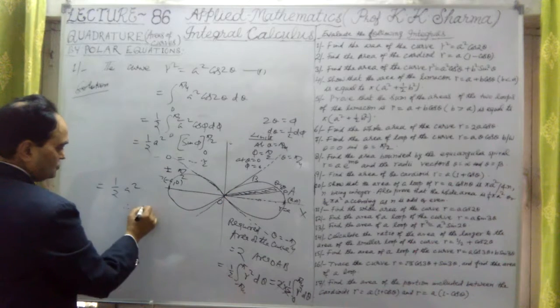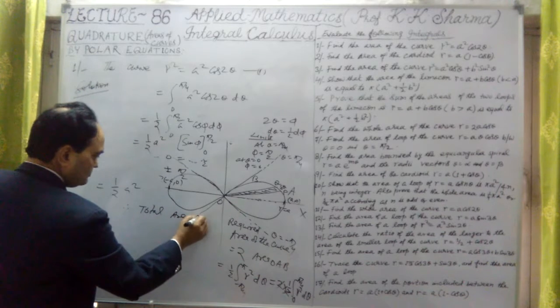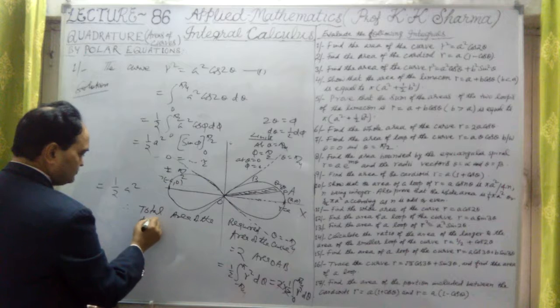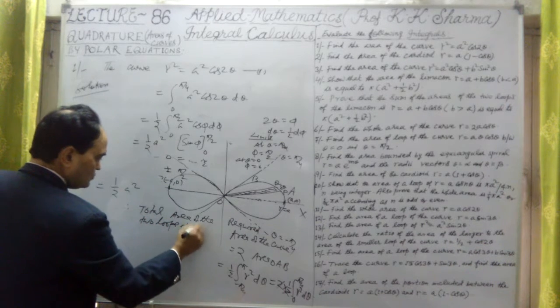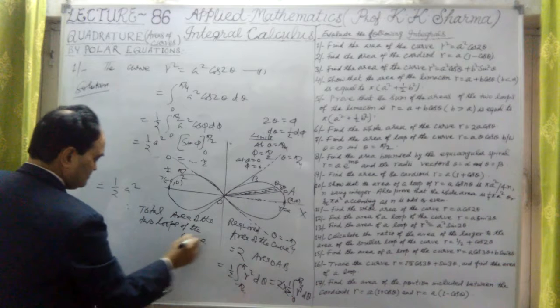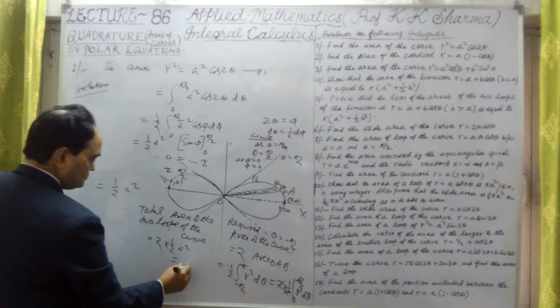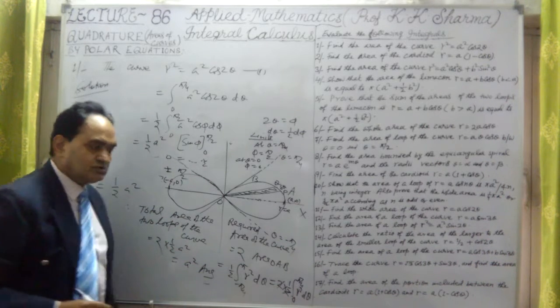Therefore, total area of the two loops of the curve is twice into 1.2 a square, which is equal to a square only. So this is the answer. A square is the answer here.